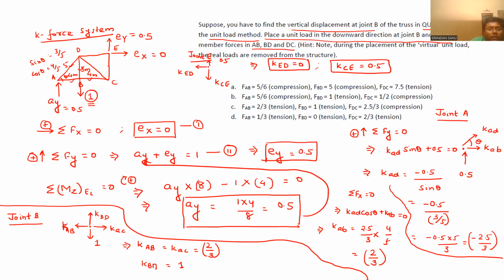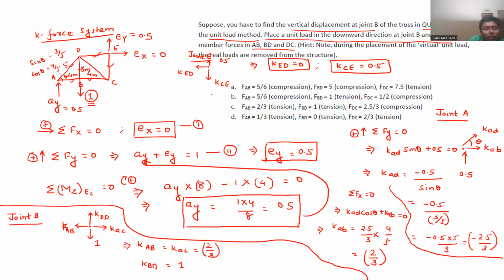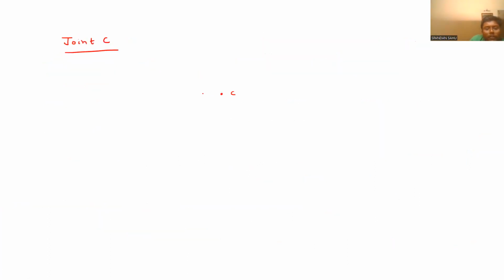So we got KCE, we got KED, we got 1, 2, 3, 4. The remaining CD member force needs to be determined. So let us draw for joint C the free body diagram. This is joint C, and in C, three member forces will come out.